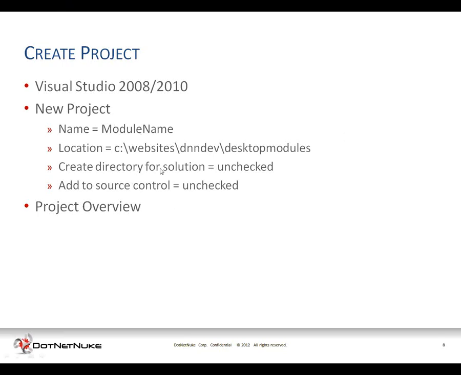Now, the location for my development environment is going to be in C, Websites, DNN Dev. That's where I actually have my development website running. Now, within that, we're going to have a folder called Desktop Modules. That's the typical folder where modules go within DotNetNuke.